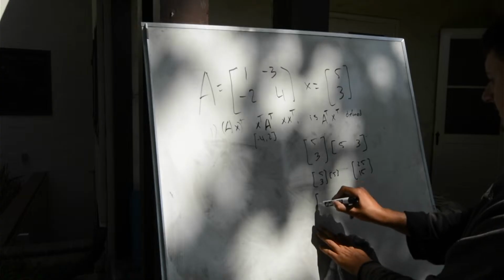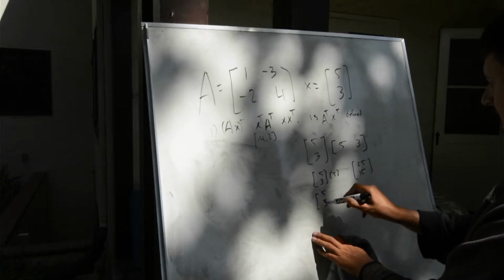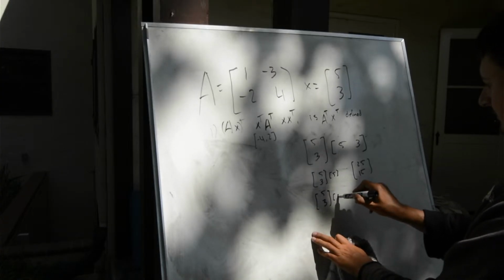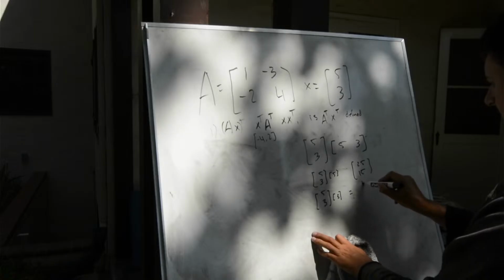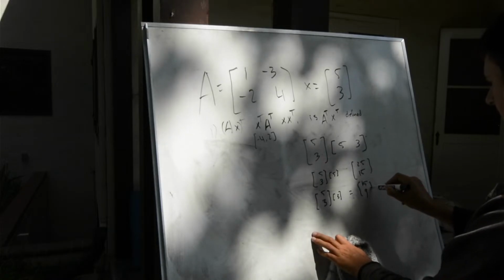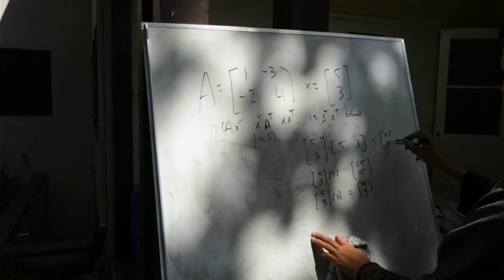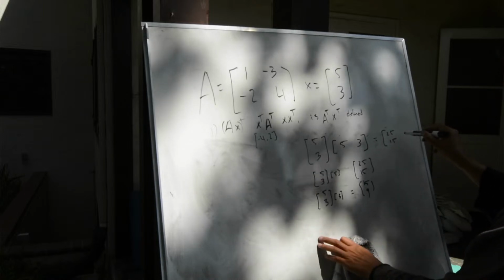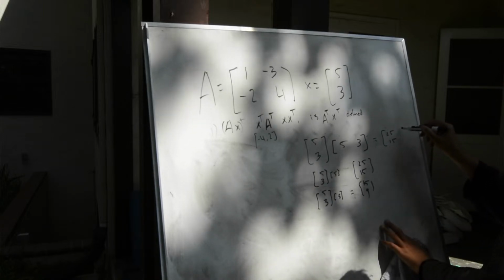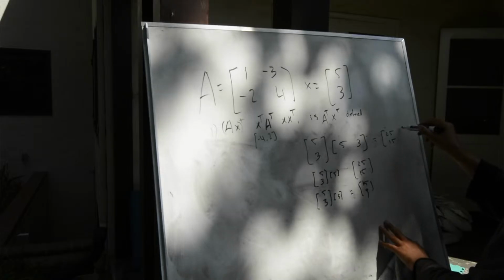Then concatenated horizontally with a 3. So I believe this is going to be equal to 25, 15, 15, 9.